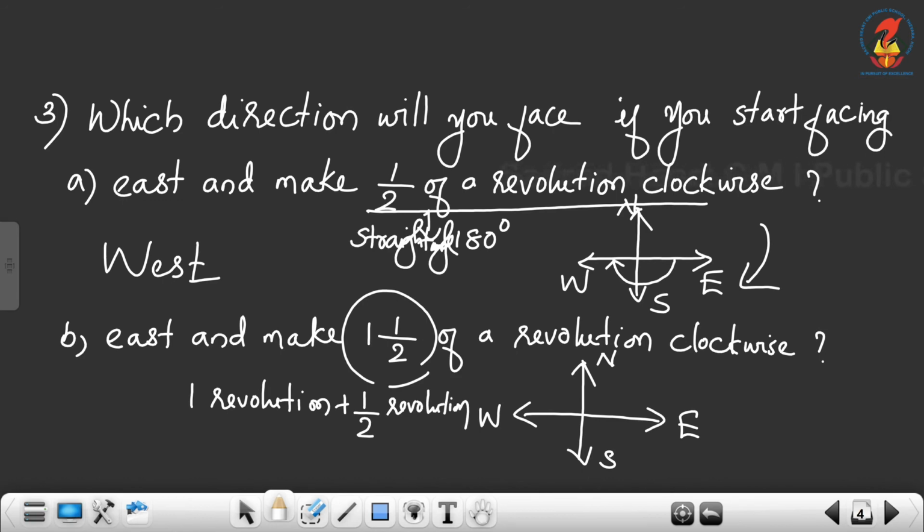Suppose you start from east, standing facing east. When you take 1 revolution, where will you reach? 1 revolution means you make 1 complete angle, so you will reach the east itself. Then from there you have to make a half revolution.